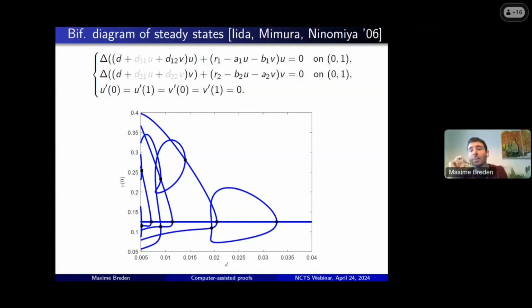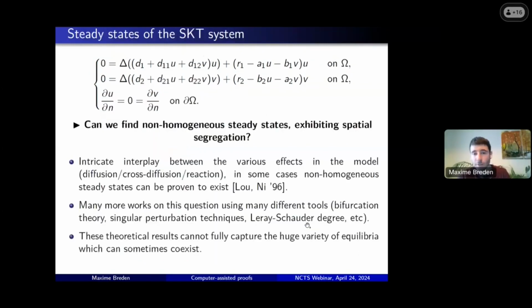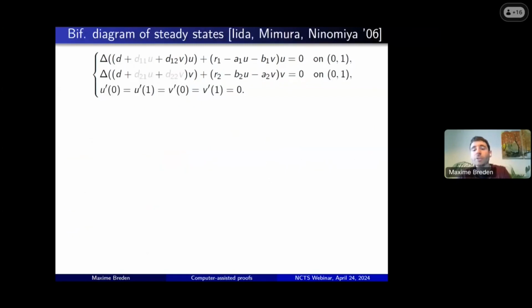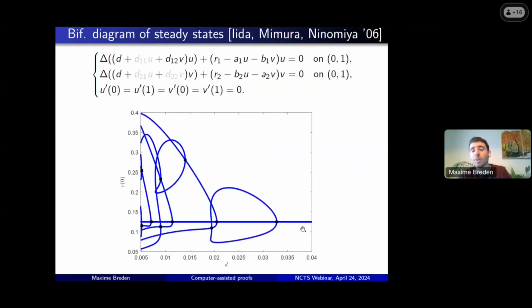For this system, in some situations you have a kind of Lyapunov function, and you can use these arguments, but this typically only works in this regime when you have only one solution, which is here. This line here corresponds to the homogeneous solution, which is admissible for the parameters I choose. So then you can prove this solution exists, but this is just the boring solution that you knew was there all the time anyway.